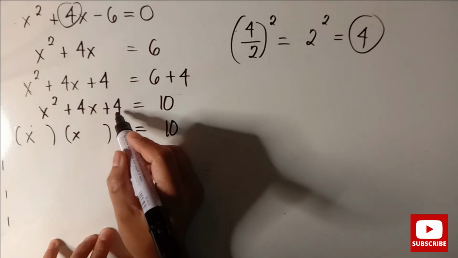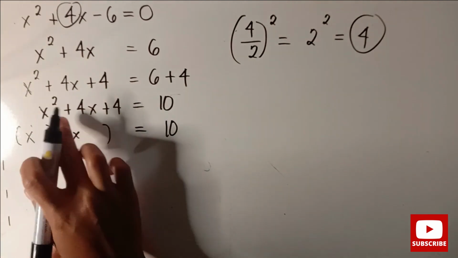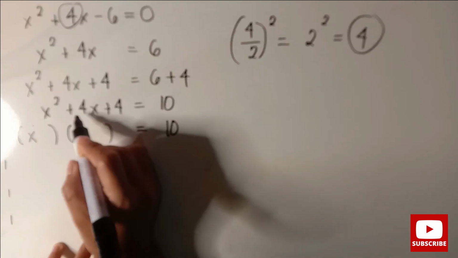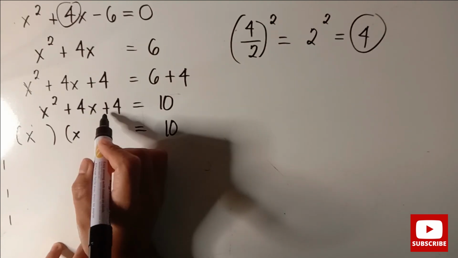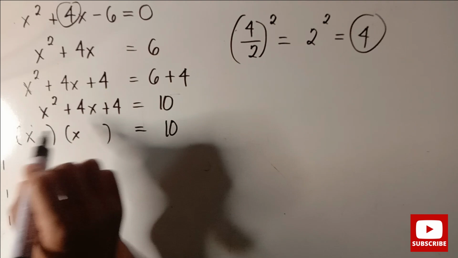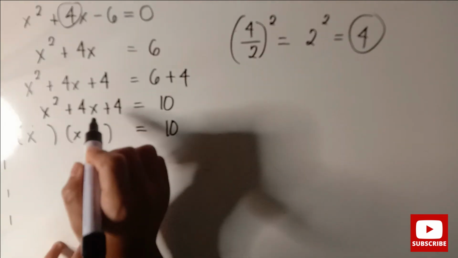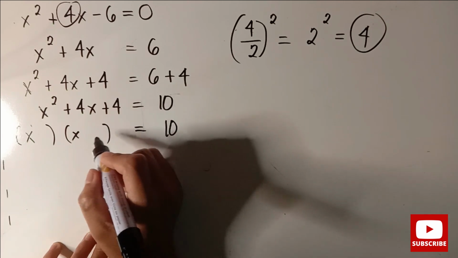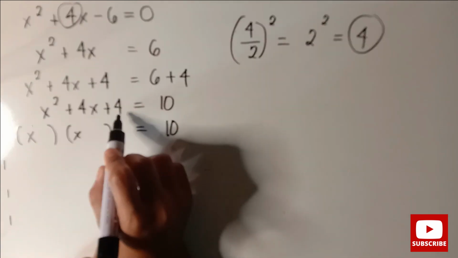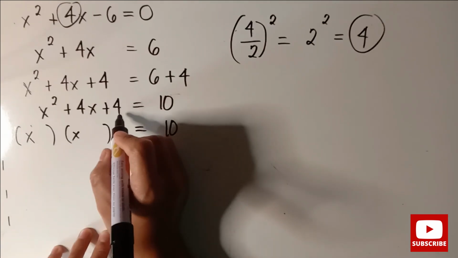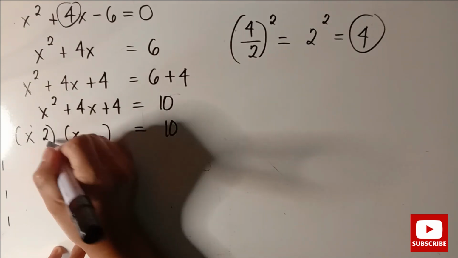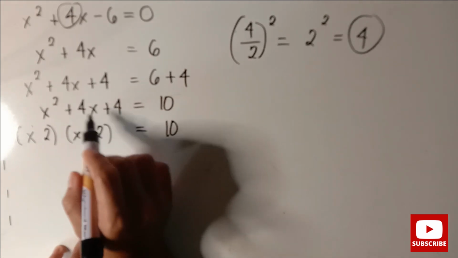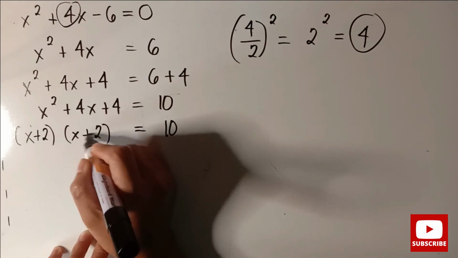And the factors for positive 4, since our equation are all positive signs, we don't have any problem for this. So this is simple. We will just look for the factors of 4. That is 2 and 2. And then positive and positive.